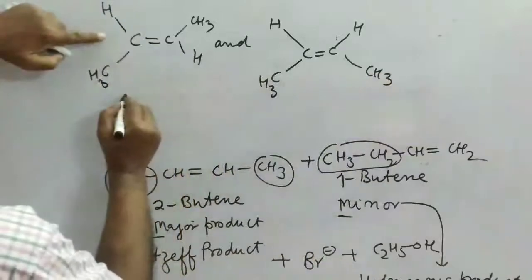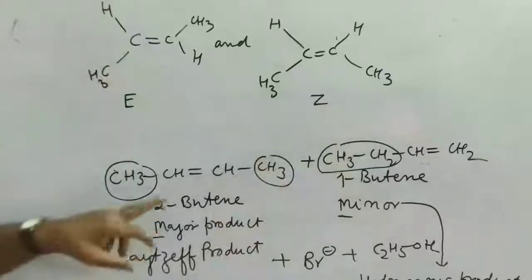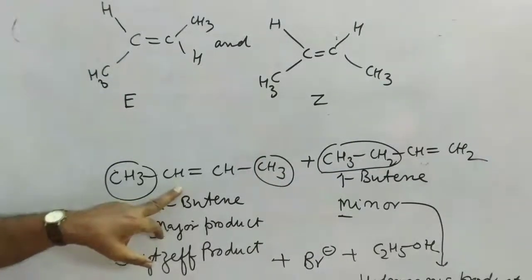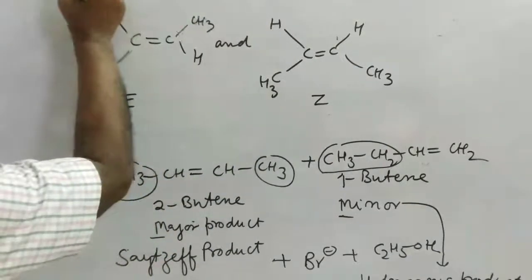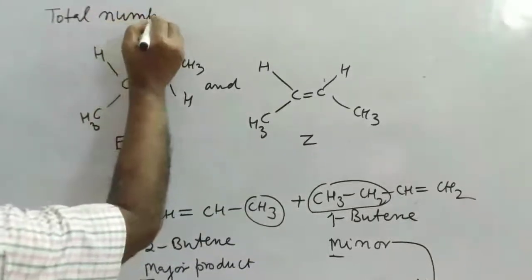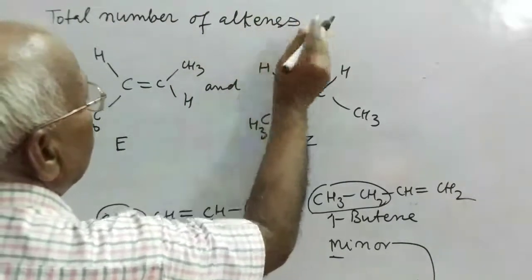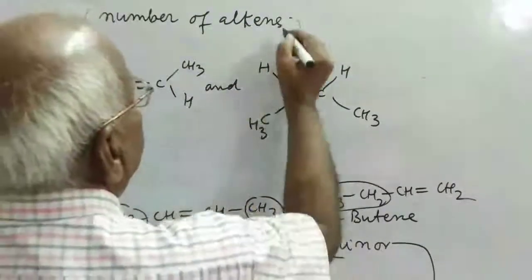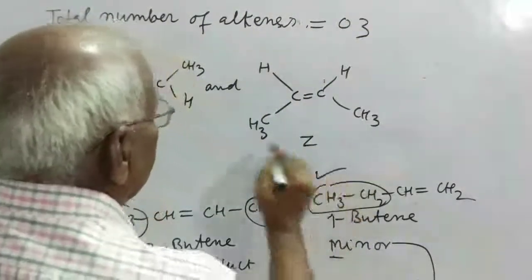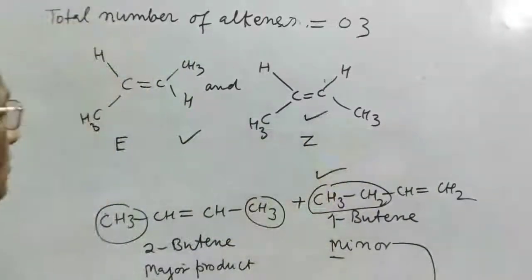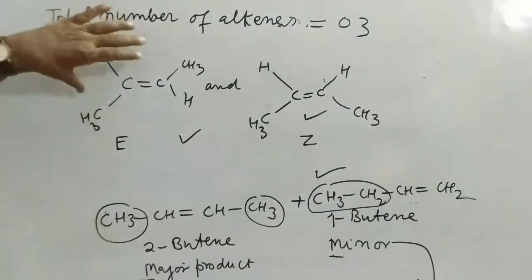This is trans or E, and this is cis or Z. So this butene exists in two geometrical isomeric forms, E and Z. So the total number of alkenes is equal to 3. Number 1, number 2 and number 3. Out of these, the E alkene is most stable because it is trans in position.